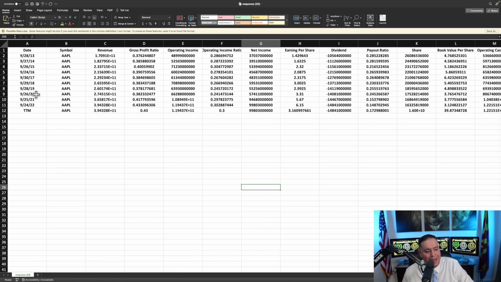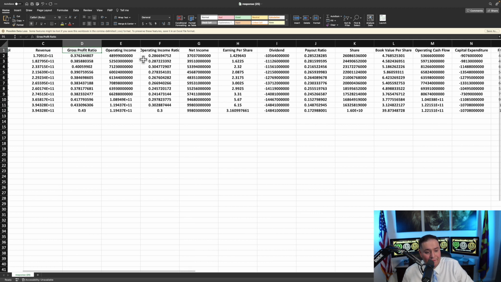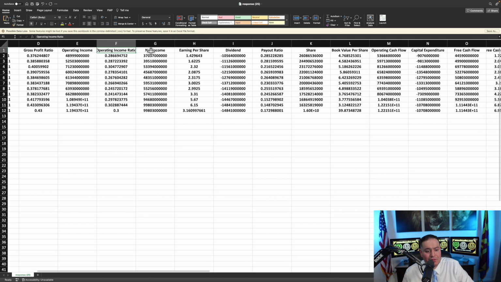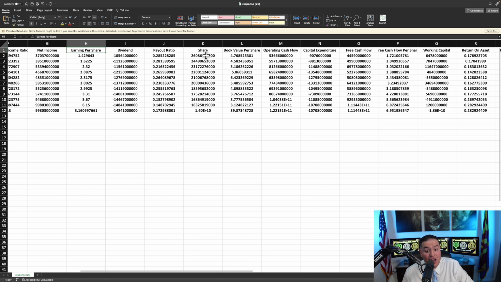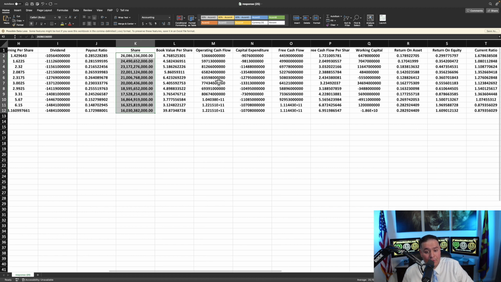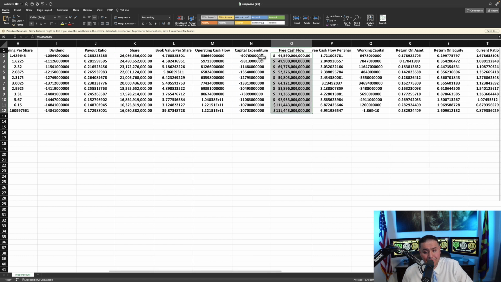So obviously you have 10 years of information as well as the TTM, the symbol, the revenue, the gross profit ratios, the operating income ratios, the net income, the earnings per share, dividends, payout ratios, the shares, which you can convert into decimals, which is easier to read, the book value per share, the operating cash flow, capital expenditures, free cash flow, which is important for value investors, right?